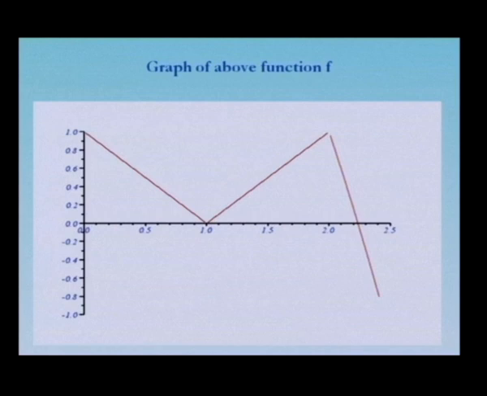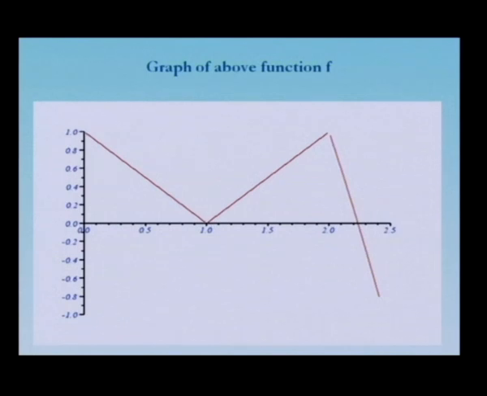Now when x tends to 1 from the left hand side, f is reaching 1, and when x tends to 1 from the right hand side, f is also reaching 1. So f is reaching the unique number 1 when x is reaching 1 from both sides. So the left hand limit is 1 as well as the right hand limit is 1, and both limits are equal. So the limit of the function exists and is equal to 1.